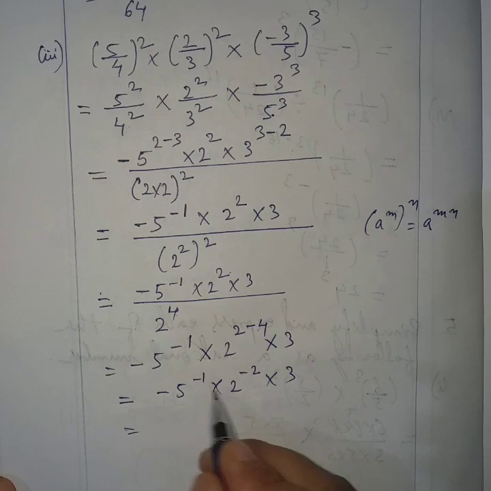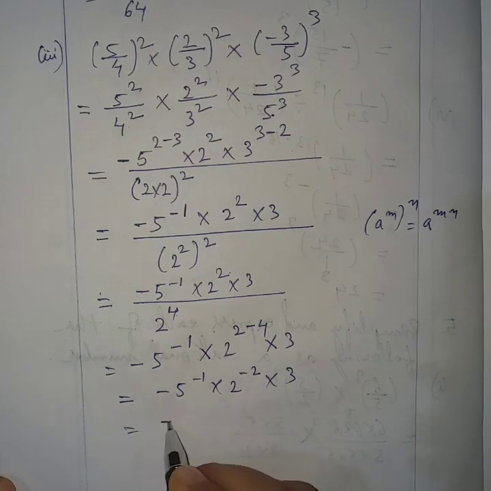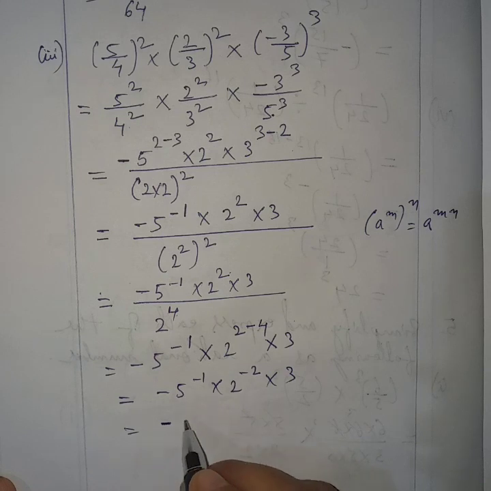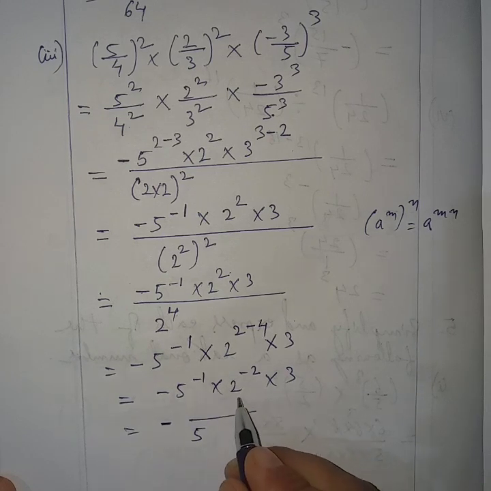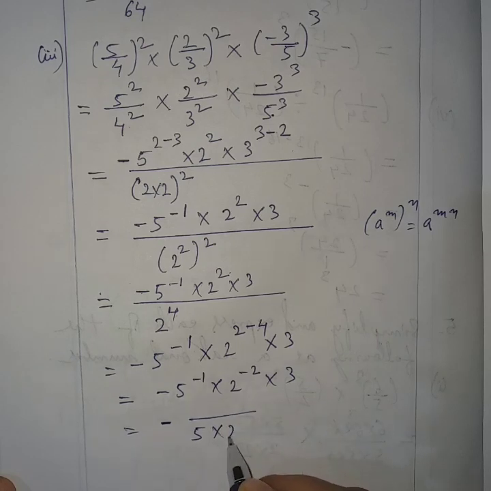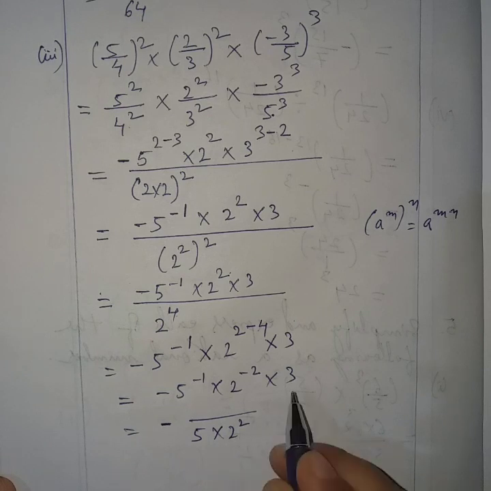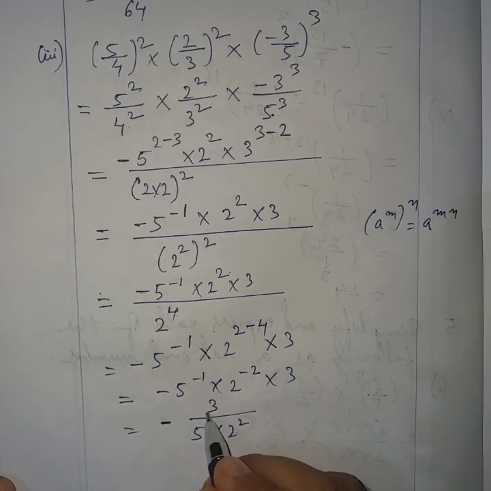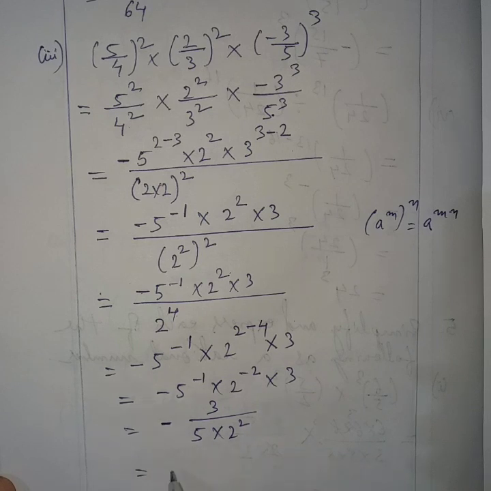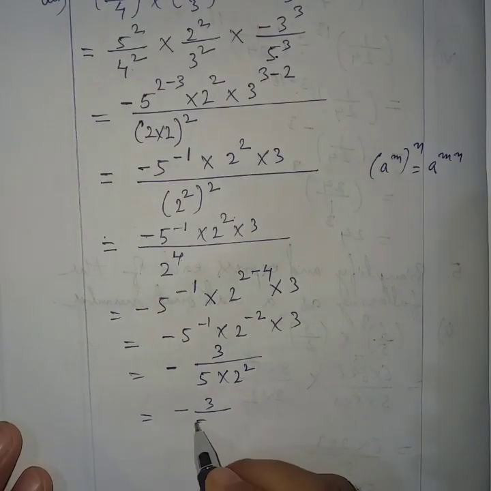So this minus we can remove by writing the reciprocal of this. Minus remains here only. So 5 is 1 by 5, so 5 in the denominator, and 2 squared we can write it in the denominator, minus sign removed as we are writing this one in the denominator, and this 3 here. So minus 3 by 5 into 4.